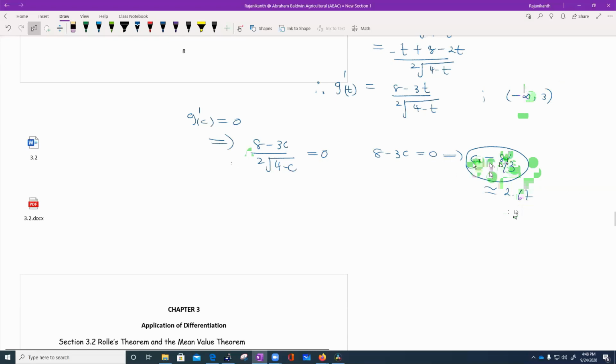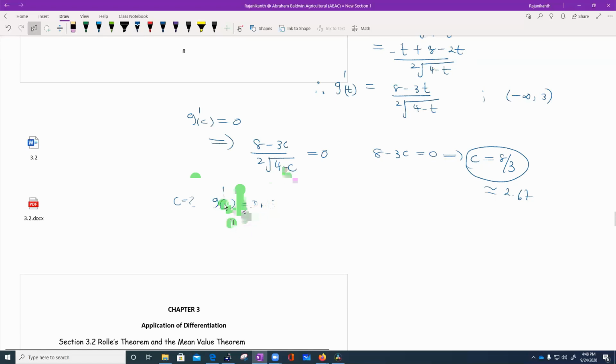So I found one critical value by setting the slope to 0, right? Now for the second scenario, do you find any c value such that g prime of c does not exist, is undefined? Undefined means what? The denominator should give you 0.